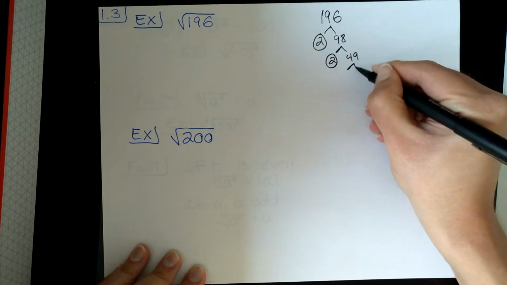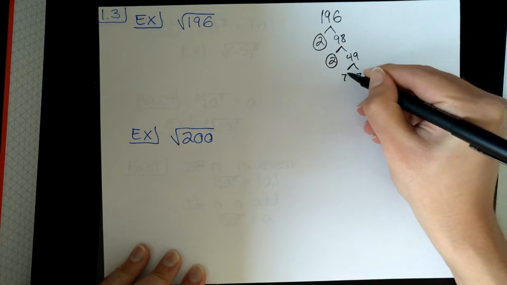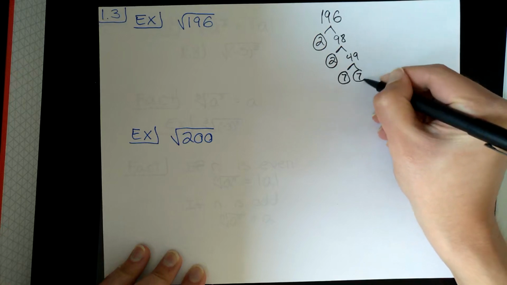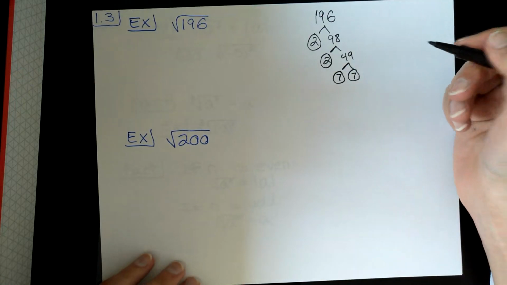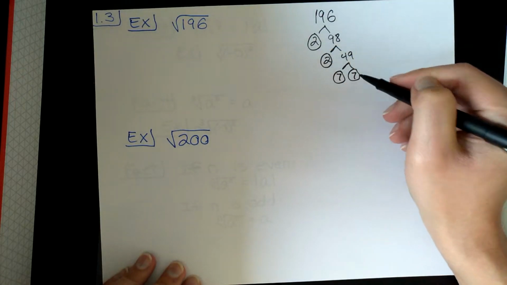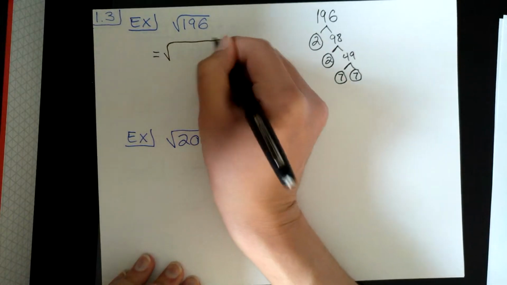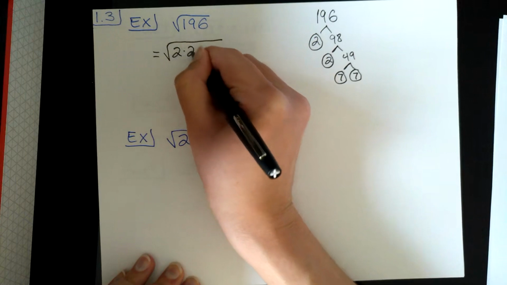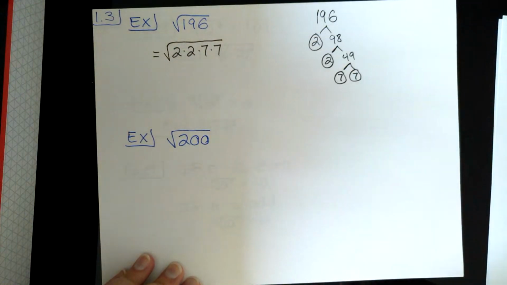And 49 we can break down into 7 and 7, circling each of the 7s because they are both prime. And this gives us our prime factorization. 196 is the same thing as 2 times 2 times 7 times 7.